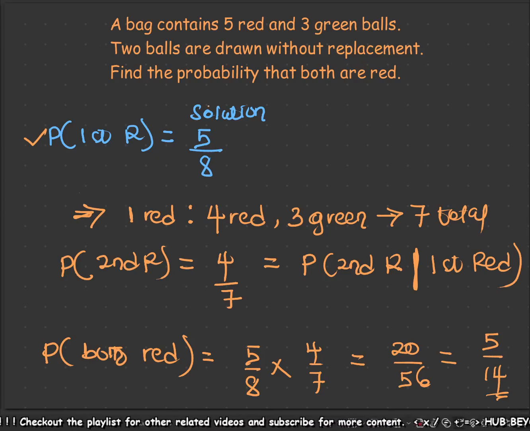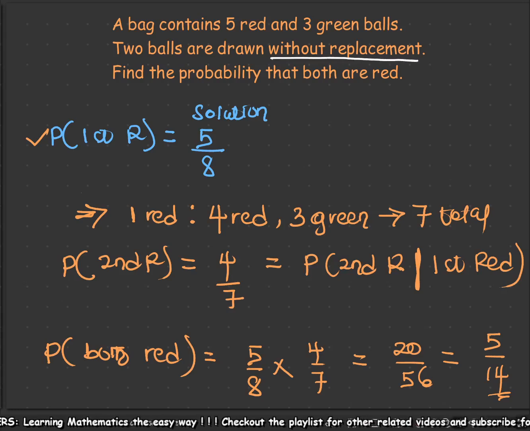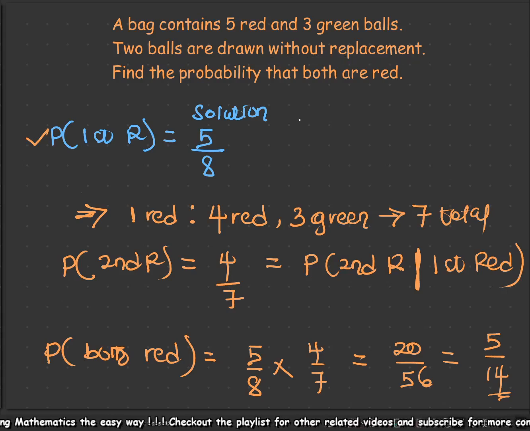But before we do, take note of why we said this was a dependent event. We said it was a dependent event because it is without replacement, right? If we were to replace after picking, then we wouldn't have said they depend, right?